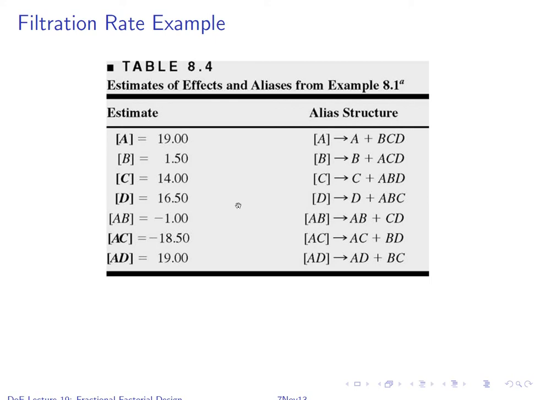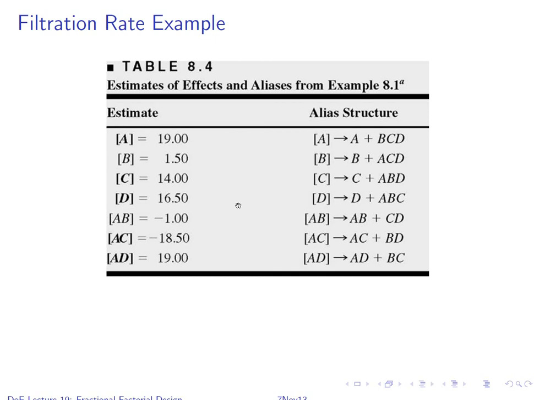They're aliased with 3-factor interactions. So A is aliased with BCD, meaning that when you try to measure the effect of A, you're also measuring the effect of the 3-factor interaction BCD. If we assume in this experiment that the 3-factor interaction is negligible, then this estimate 19 is the main effect of A.